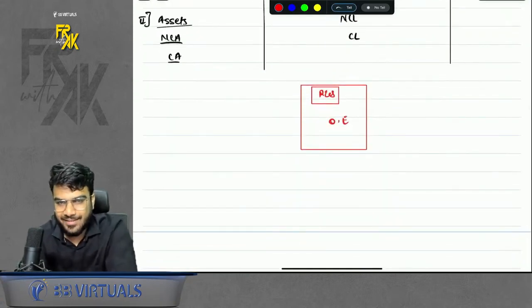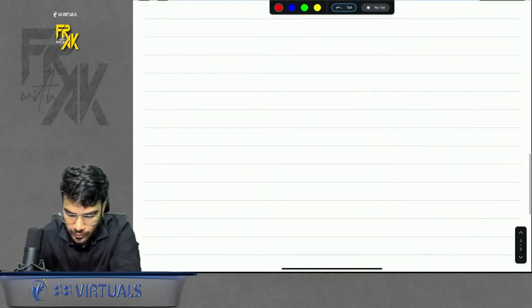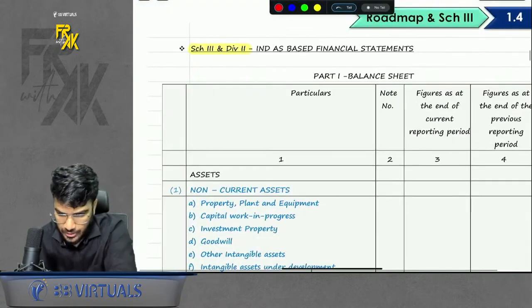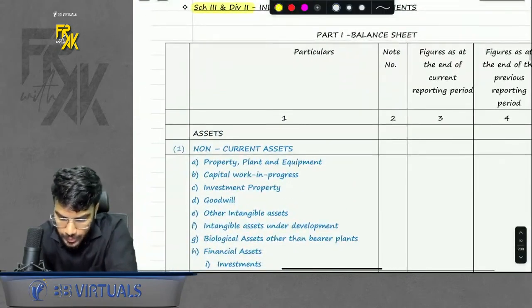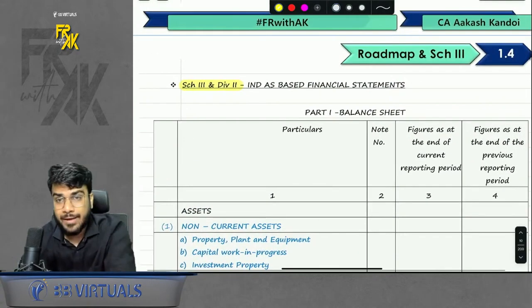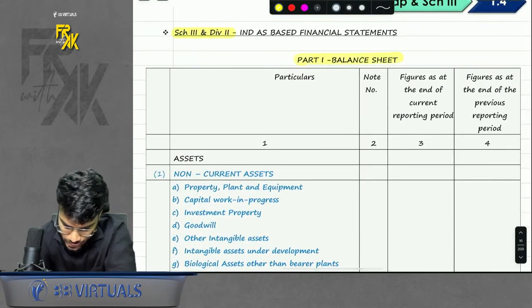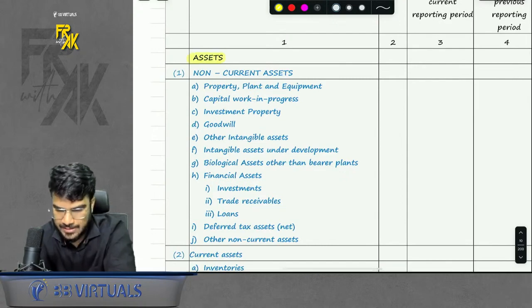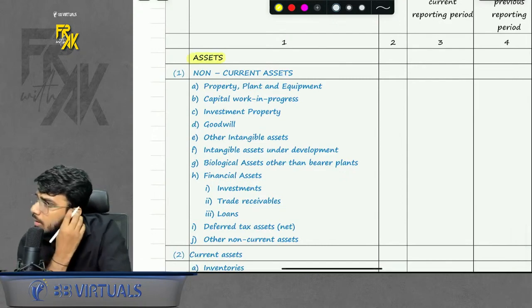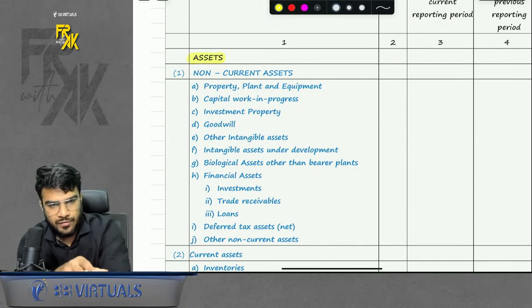Now let's see the format of the balance sheet from your textbook as well. This is on page number 1.4. So part 1 is the balance sheet. You can see it starts with assets. You do not need to remember the format as per AS, you just need to remember the format as per IND AS.